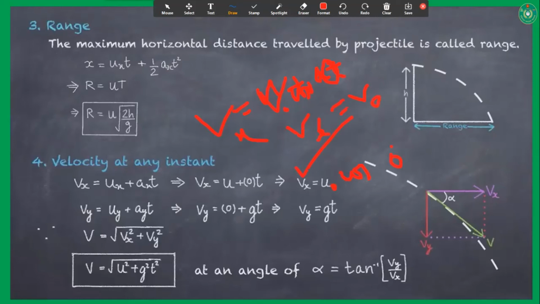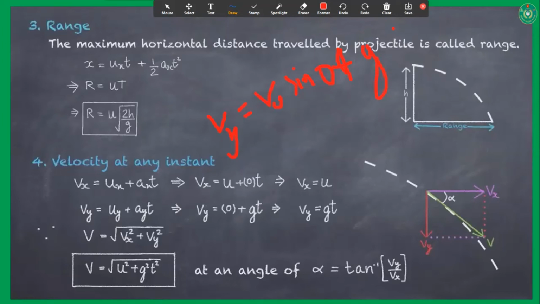Okay, now for Vy, this equation: Vy equals V naught sine theta, that is sine 0, u plus at.